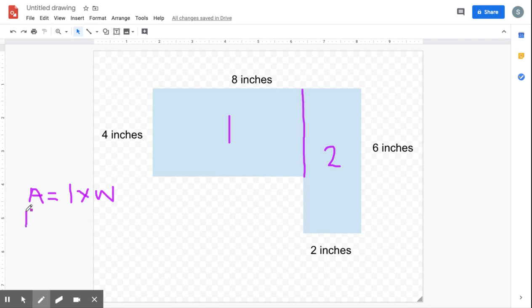So I'm going to do shape one over here. Let's take a look. We know that this whole side right here is 8 inches. However, I cut off this part. Can I figure this out? Yes, I can, using this down here.